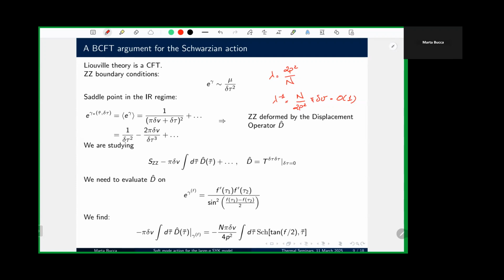But really then what we can see is that the prefactor, the overall prefactor that we're going to have, so n over 2p squared times pi delta v, is of order 1. So the contribution of any configuration to our action, or really any configuration that is not a zero mode, is quite a big contribution.